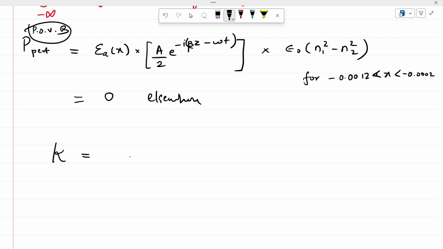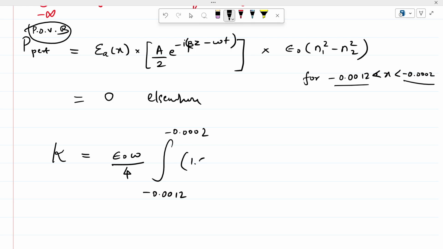So the coupling coefficient will be nothing but epsilon naught omega over 4 integration from minus 0.0012, again these same limits, to minus 0.0002, into n1 square minus n2 square, that is 1.5 square minus 1.499 square, into the electric field overlap between the B field and the A field.